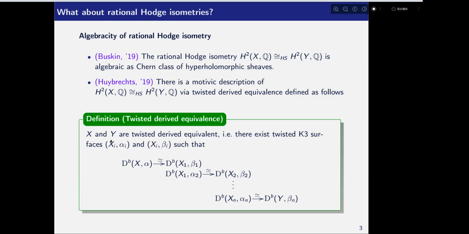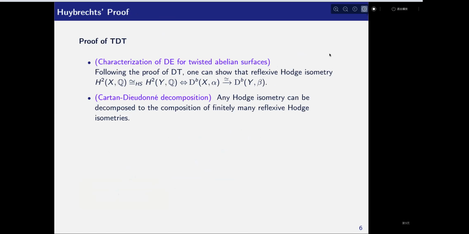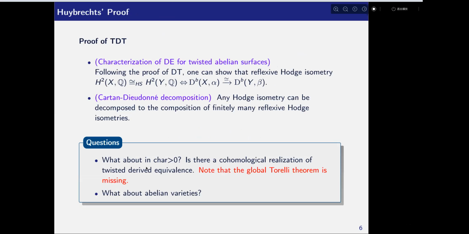Two K3 surfaces are connected by a chain of twisted K3 surfaces. So this definition is valid for all fields. Our question is whether we can have some cohomological realization of such twisted derived equivalence. The problem is that we don't have a Hodge theory, and the global Torelli theorem is still missing for positive characteristic fields.